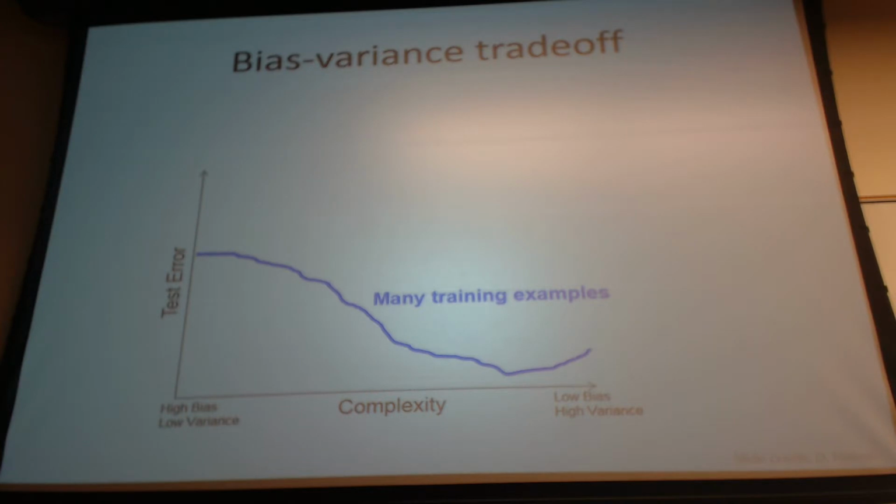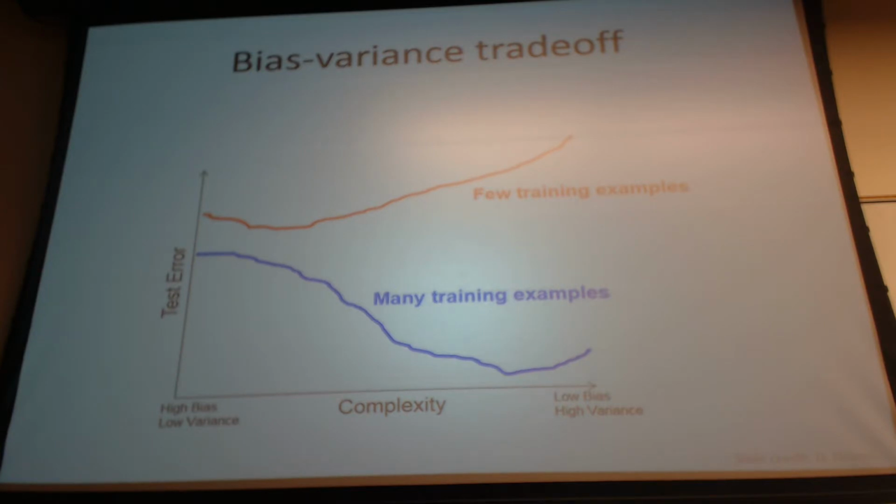If we have a lot of training examples, then as the model complexity increases, there is a sweet spot, and after that it increases. But what if we have fewer training examples? Then this sweet spot, first of all, increases. That means the minimum possible error increases, and you need simpler machines to learn.